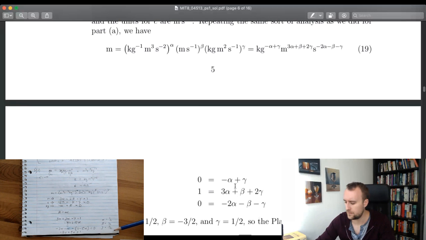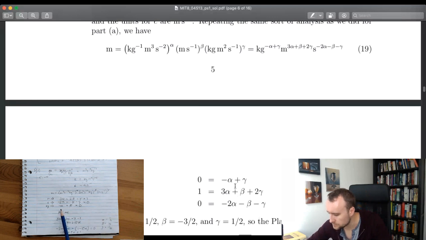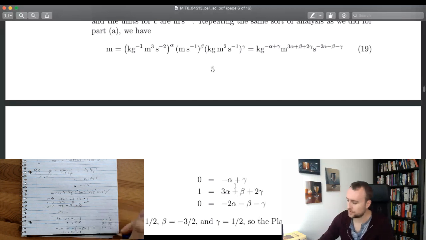Got 1/2 and 3/2. So they've switched theirs around, but this is 3/2, which I must have done 1/2. Yeah, okay, so this is wrong.